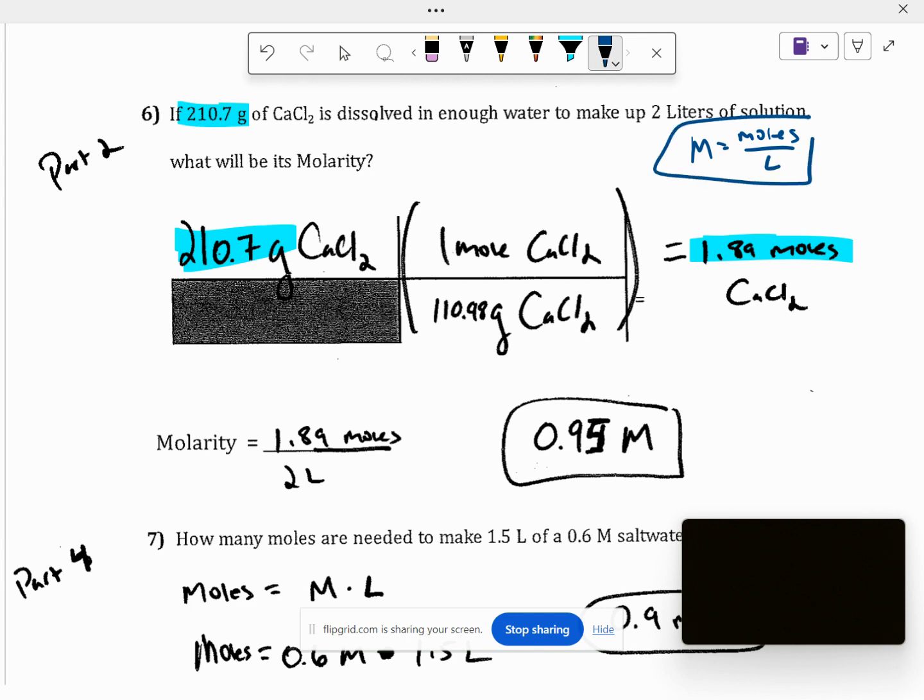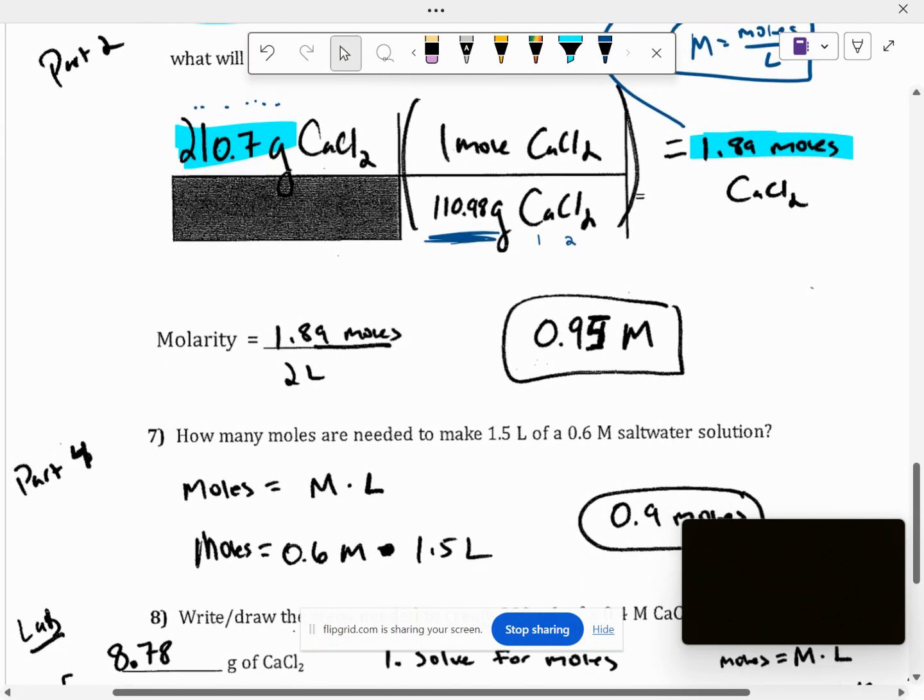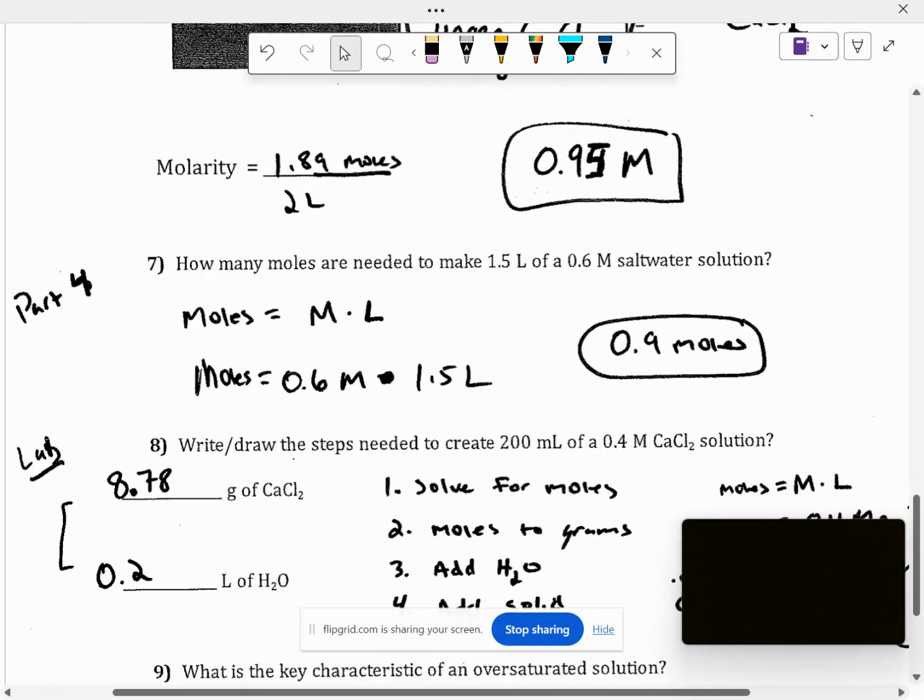It has to be in moles and it has to be in liters. You cannot just put the grams into the mole spot, right? So once we get that, you can fire that in there, and then over 2 liters. How I got this number, remember, is you added up 1 Ca and 2 Cls, and that's how you get the molar mass. So that's part 2 of your notes if you need help.